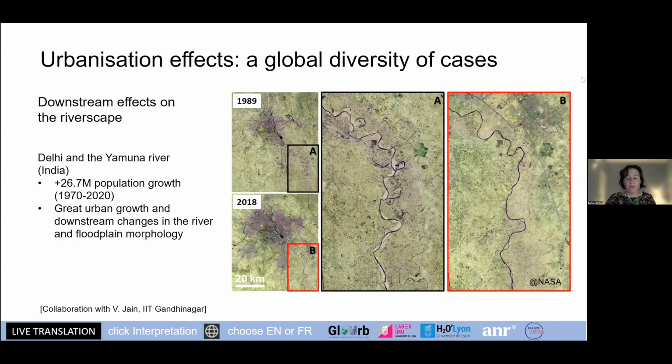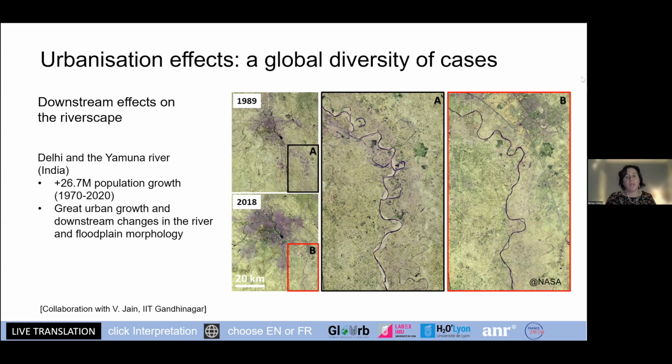Another example is New Delhi and the Yamuna River. Here, population growth was just dramatic: plus 26.7 million inhabitants versus the 70s, and this transformation can be seen on the images on the left.